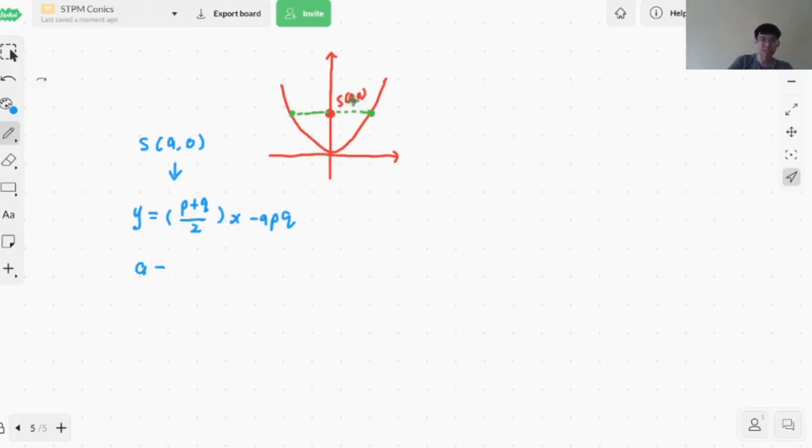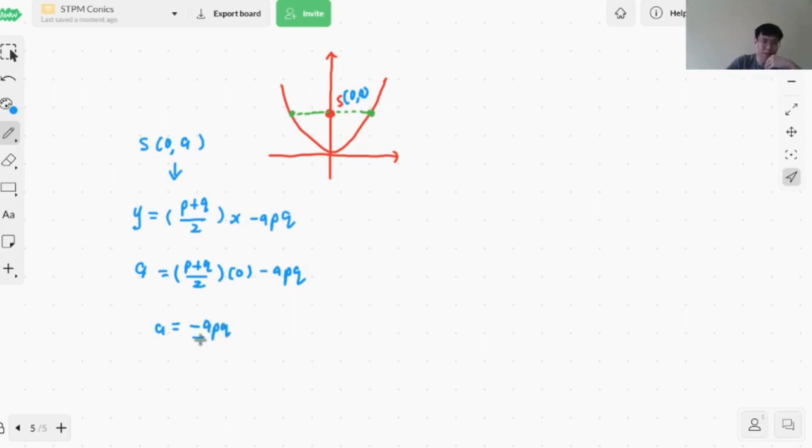Yes, my S is not a0, I used the wrong coordinate. My S should be 0a instead of a0. The reason is because my S is on the y-axis. So 0a, I substitute in so that my y is a and my x is 0, because times 0 minus apq.